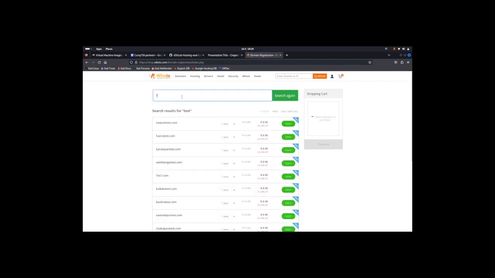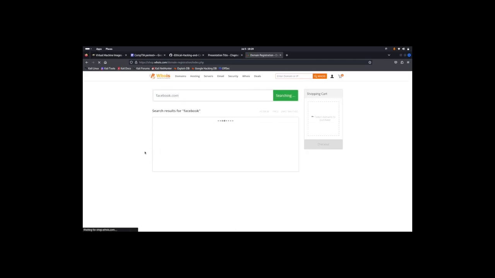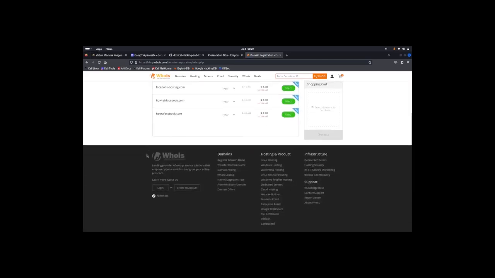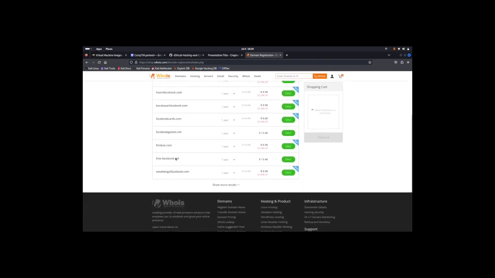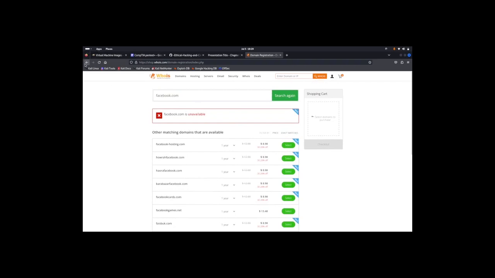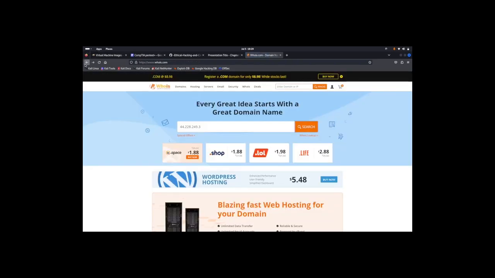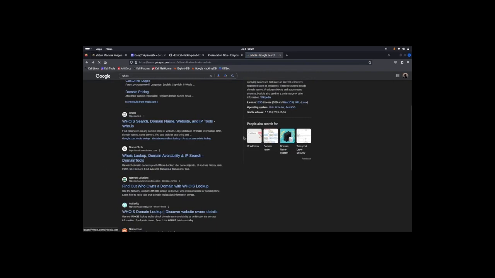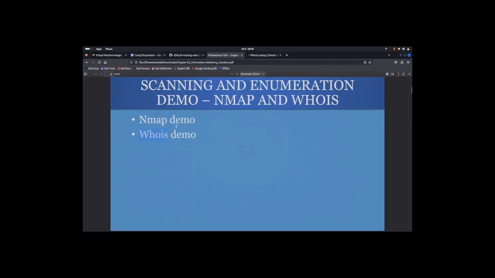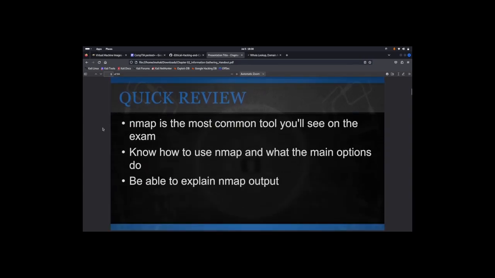Okay, let's just search Facebook. Here you can find a lot of Facebook related websites. Let's just go to another website because I don't find this one quite genuine. DomainTools works good. This website looks genuine. But whois lookup is basically for website information.